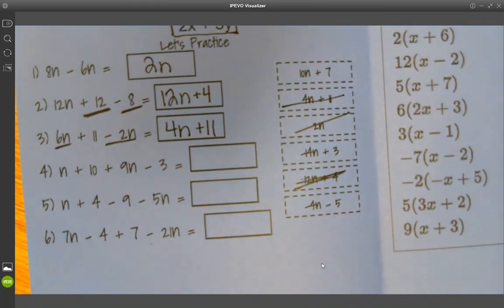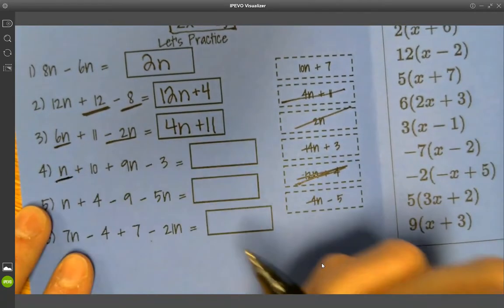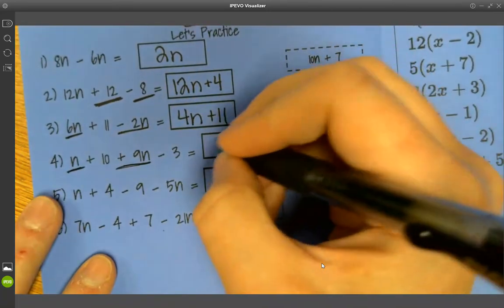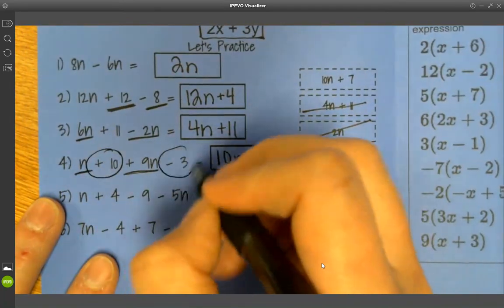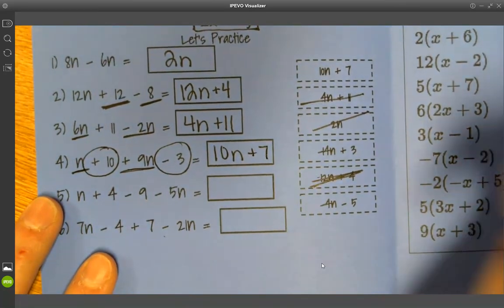You always want to put the variable first. That's the term that you want to put first, and then you'll put the number that's by itself next. So n, and then a 9n. So that makes a 10n. And then a positive 10 and a negative 3. 10 minus 3 is plus 7.